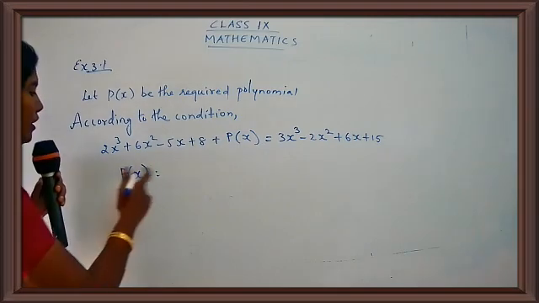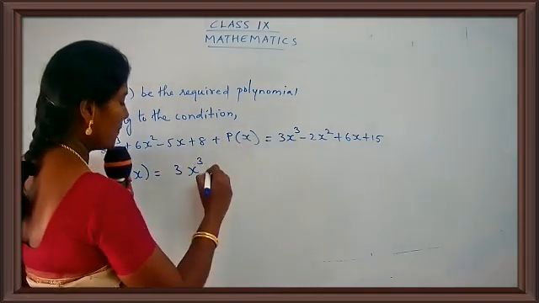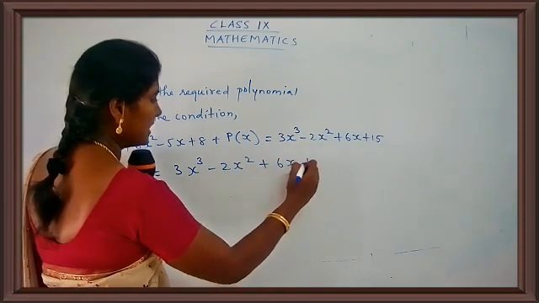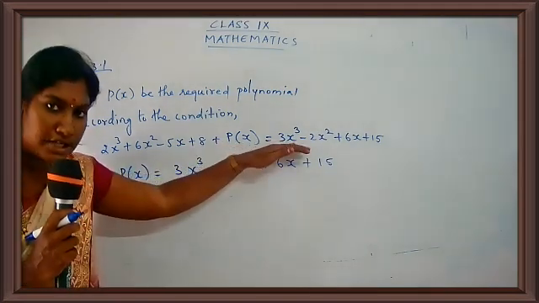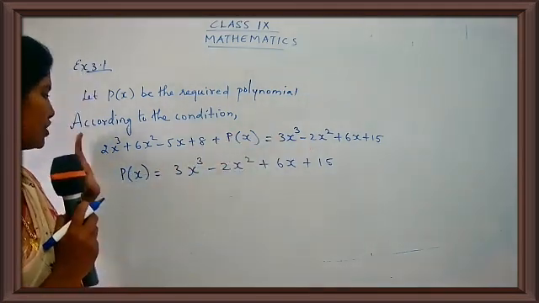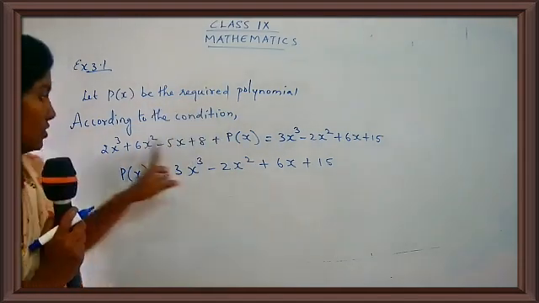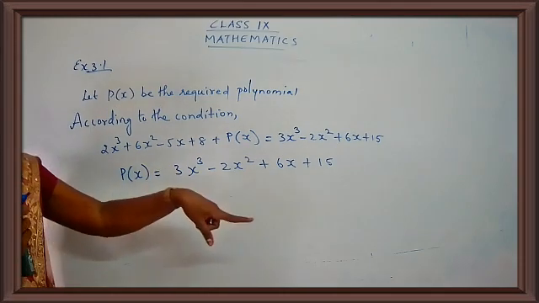So what am I going to do? P of x is equal to 3x cube minus 2x square plus 6x plus 15. This polynomial is already present in the RHS. Now I'm going to shift this whole polynomial to the right side, so I have to change all the signs.